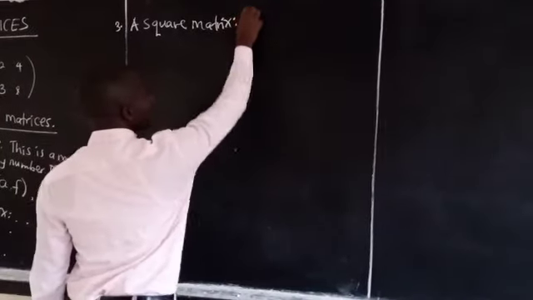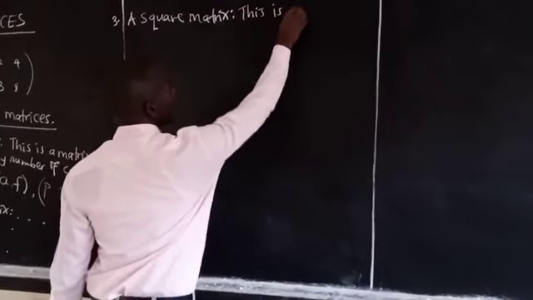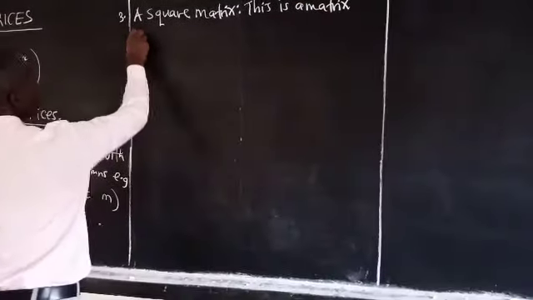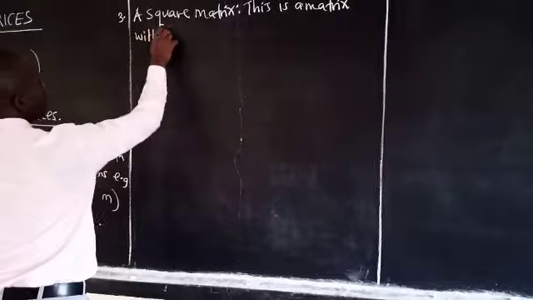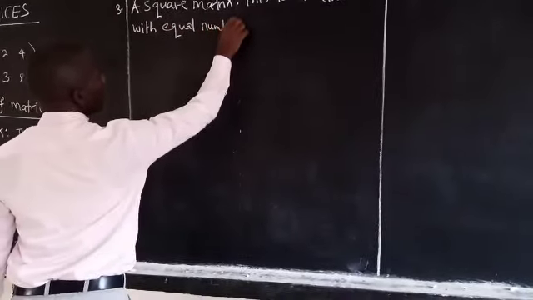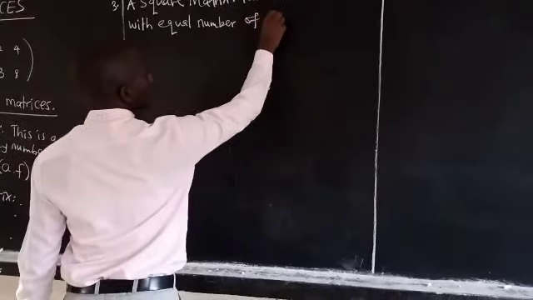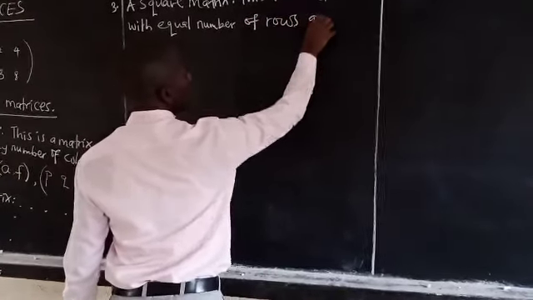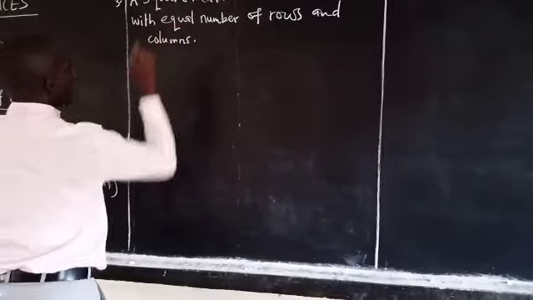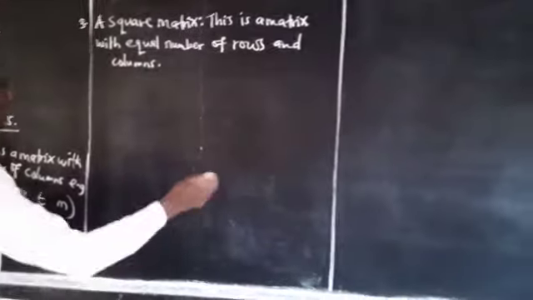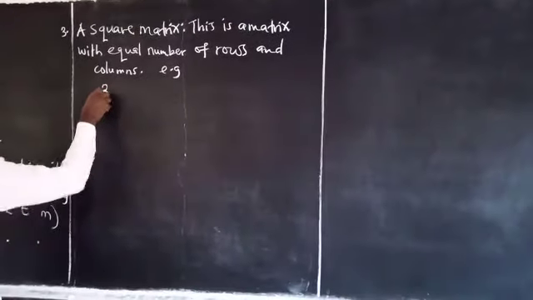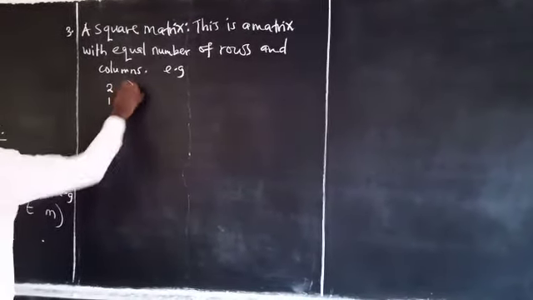This is a matrix with an equal number of rows and columns. We can have examples, just a few, maybe 2, 1, 3, 7.